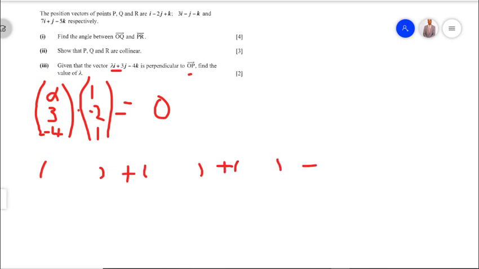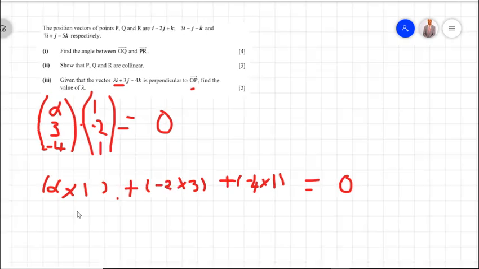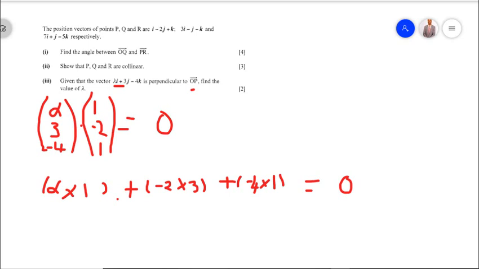Then we solve to get the dot product. It's lambda times 1 in the first bracket. After you put 3 brackets, then it's 3 times negative 2, then it's negative 4 times 1, which is equal to 0.